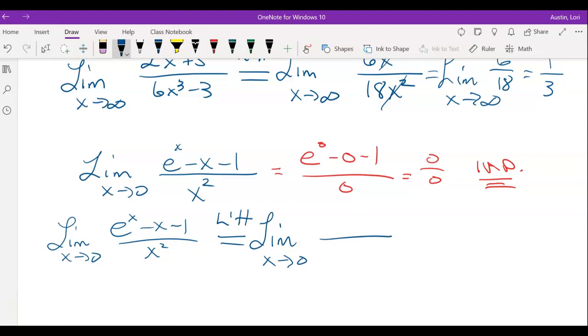Okay. You're just doing the derivative of the numerator, so you're doing each piece. You can just do each piece. What's the derivative, everybody, of e to the x? It's e to the x. What's the derivative of minus x?